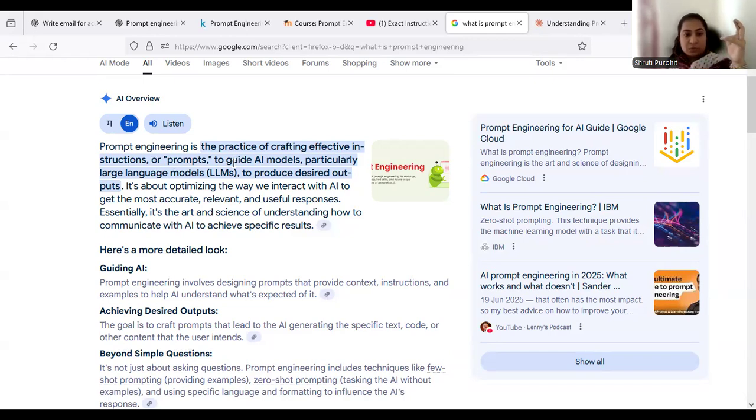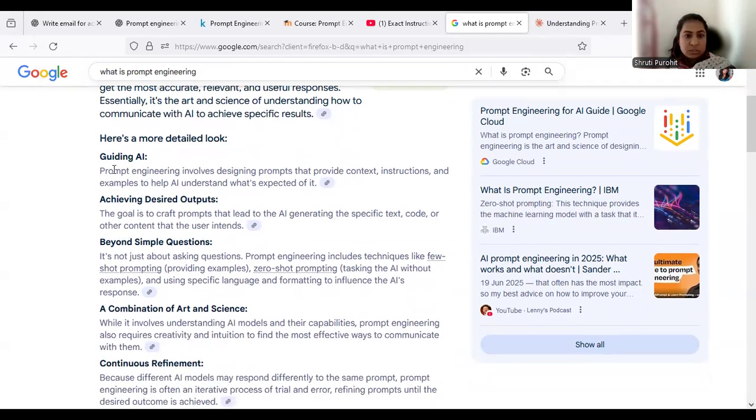As I mentioned, instructions. I just want to share one video about this instruction thing. Just allow me a minute. Let's complete this one first and then we go ahead with that video. To guide AI models, particularly large language models, and to produce the desired output. To get the desired output, we have to give instructions to the AI model.